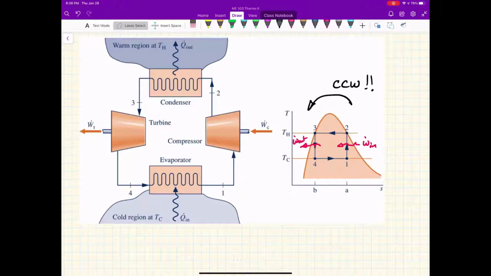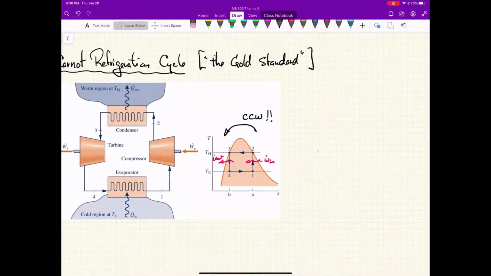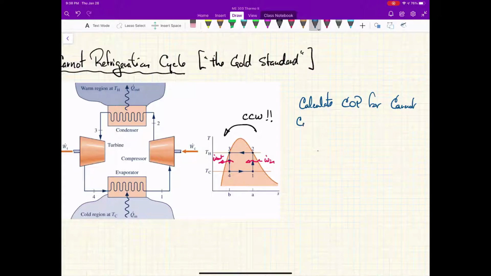Let's calculate the coefficient of performance then for this particular cycle. Calculate COP for the Carnot cycle.